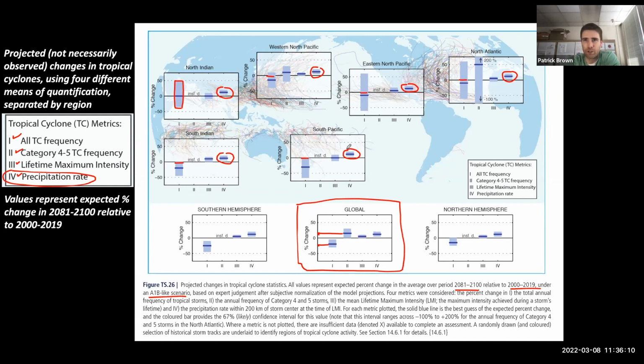So that's one of the more robust findings that we're most sure of with tropical cyclones. And so that could also be contributing to this increase in damage that we're seeing recently from tropical cyclones. And the other component of that, the flooding component: you get flooding from the rain, but I showed you get flooding from the storm surge as well.